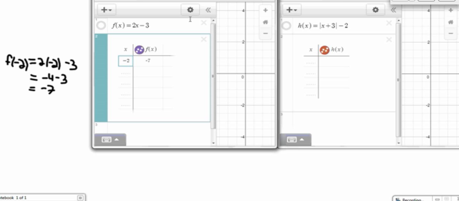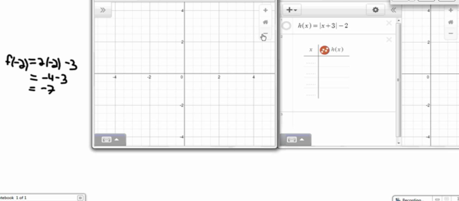And if we use Desmos, we can find -2. Indeed, the output is -7, and it will even put that purple point there for us.